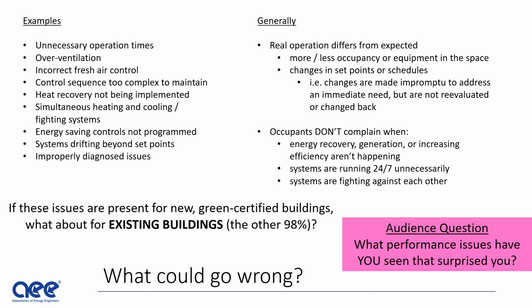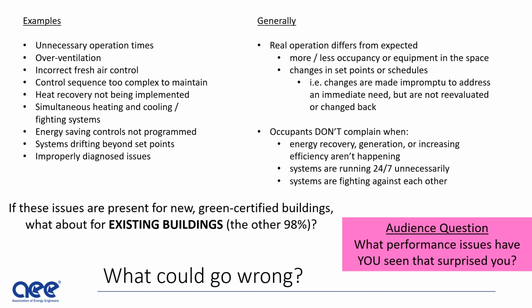So here I've summed up a lot of the typical issues that we tend to see come up in building operation, even during the first year of occupancy, or for a relatively new, high-class building.